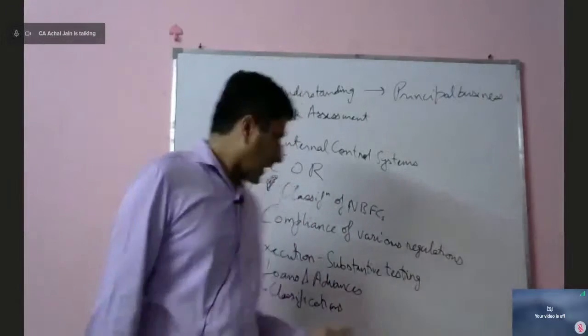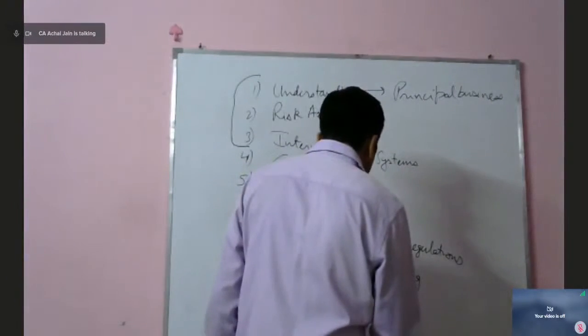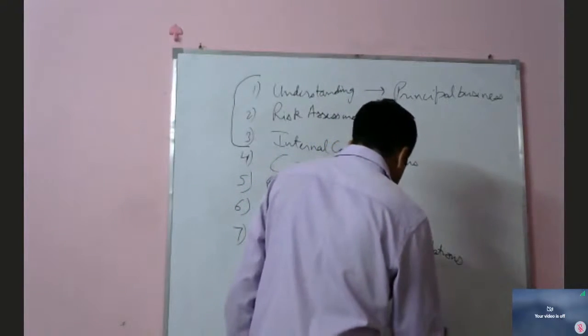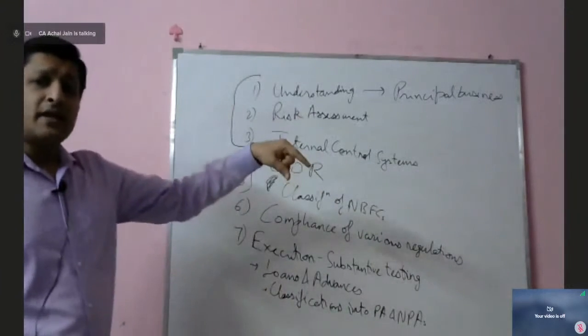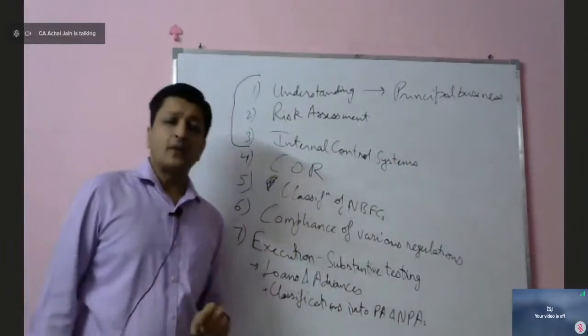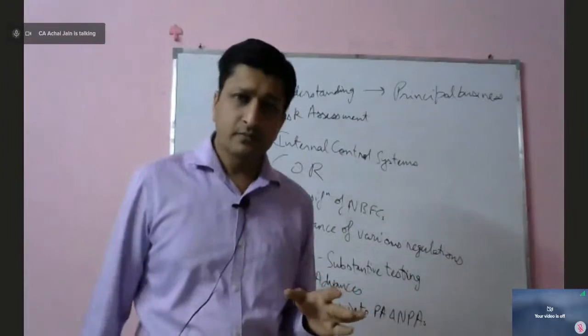Means what? Classification into NPAs or PAs. Now, all of these workings would have been done by the management, but all of these workings would have to be reviewed by the auditor with reference to the applicable regulations.